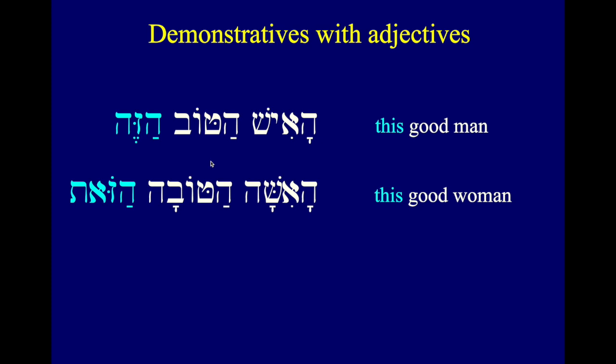I could say this good and happy woman, or this good and laughing woman, right? So I could say ha-isha, ha-tova, ha-tzoheket, ha-zot. This good laughing woman, right? Or something like that.